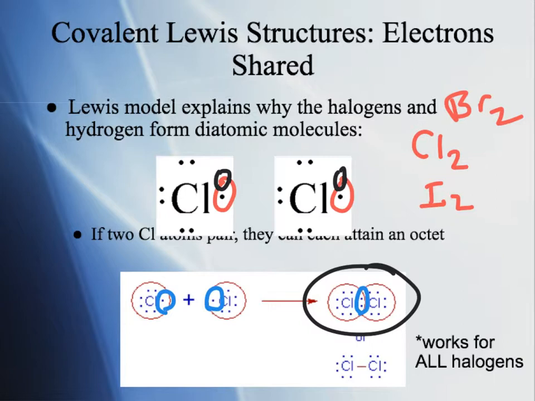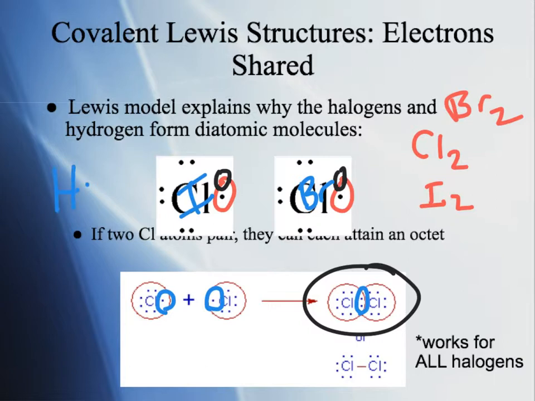This is going to work for all the halogens, because they all have the same number of valence electrons, so their dot structures are going to look very, very similar. They're just going to have a different symbol in the middle, instead of chlorine, a Br for bromine, or an I for iodine. So Lewis dot structures can help us explain why those halogens, and hydrogen as well, are diatomic.